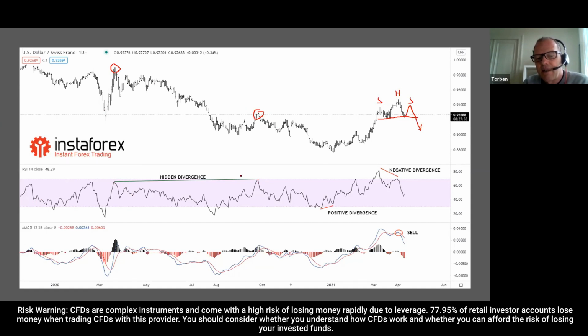So you had the hidden divergence on the upside too, indicating that the next move down would be a pretty strong one. Not that this wasn't a strong one, it was, but it indicates that despite this being higher, it will still see more downside, and it could actually be a pretty strong move to the downside.